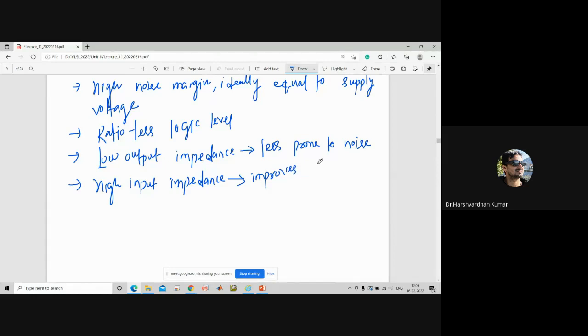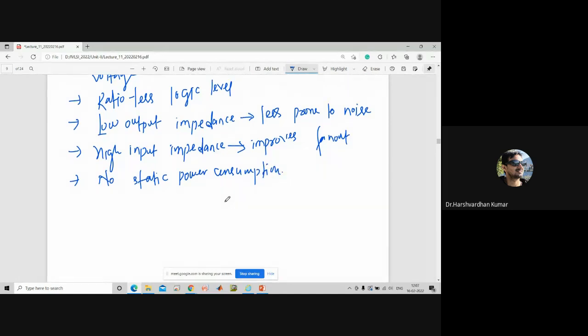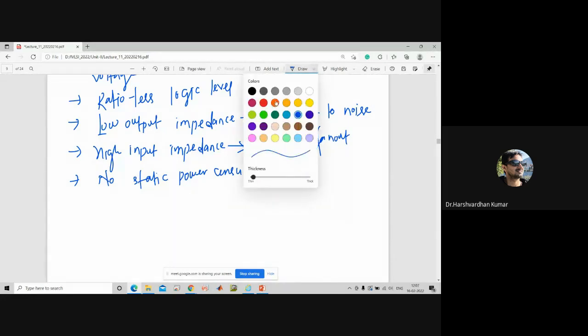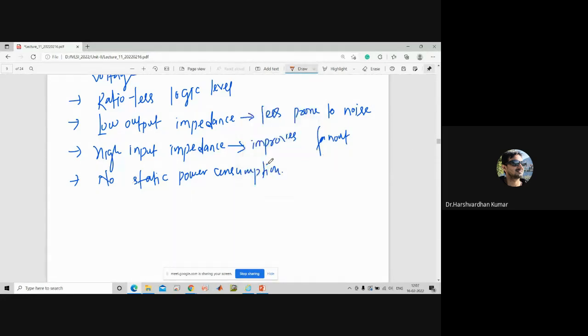The last characteristic of static behavior is no static power consumption. So one by one we will discuss. We will start from the last point, that is static power consumption.